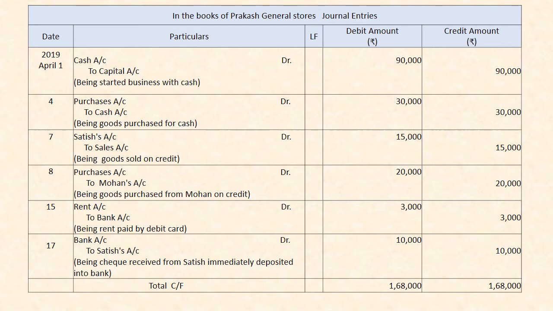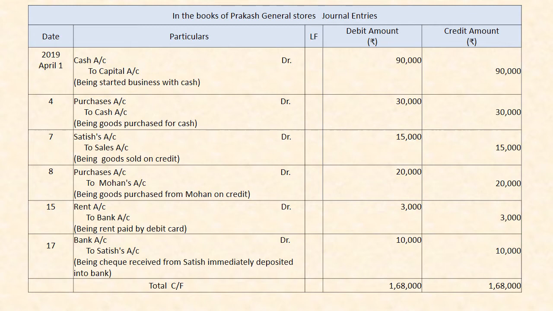Write narration just below the entry in brackets. Start with the word Being, B in capital letter. Narration is being started business with cash. Close the bracket. Draw a horizontal line in the particulars column only to separate the entry from the next entry. Do not draw such a line in any other column.